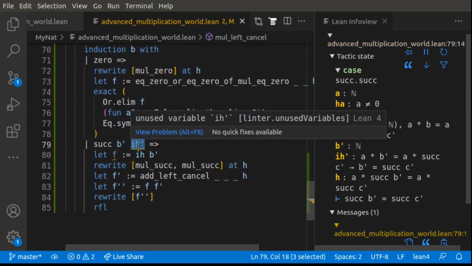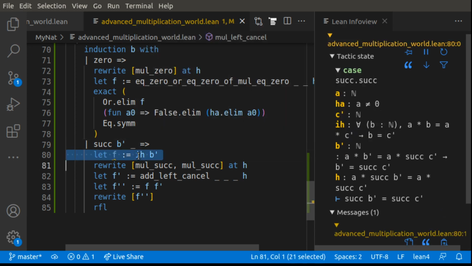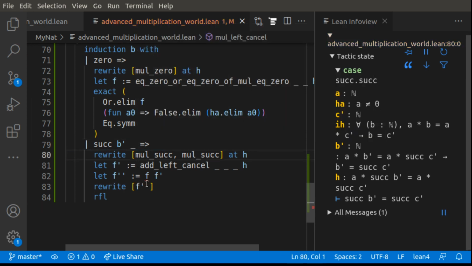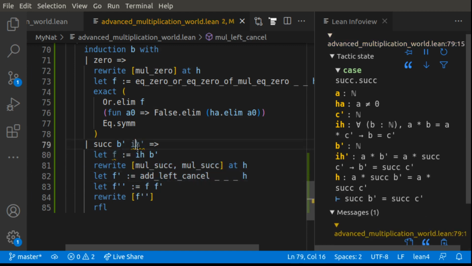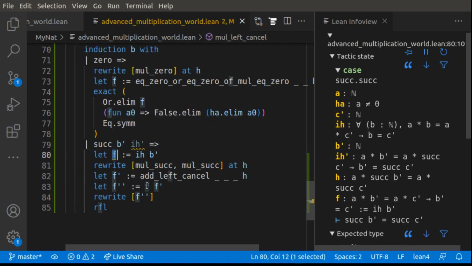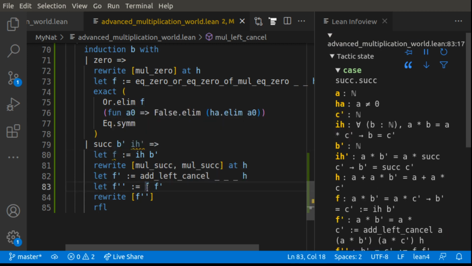And we don't even use the inductive hypothesis here? Oh yeah, that makes sense. Oh, we do need F. Oh, so we do use it. Huh? What is this F? Why is it saying this is unused? It's not used here? Is this a different F?